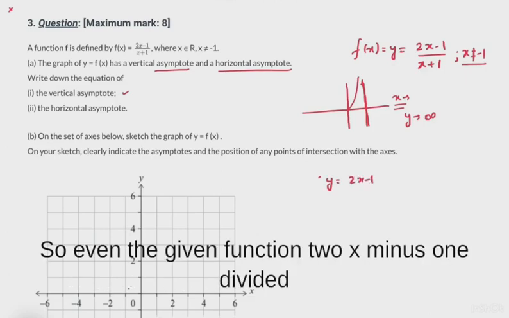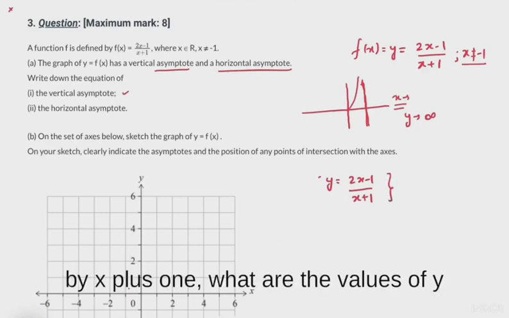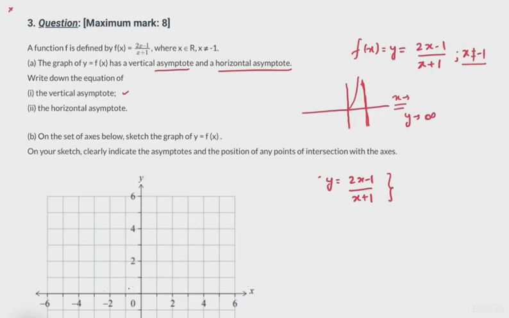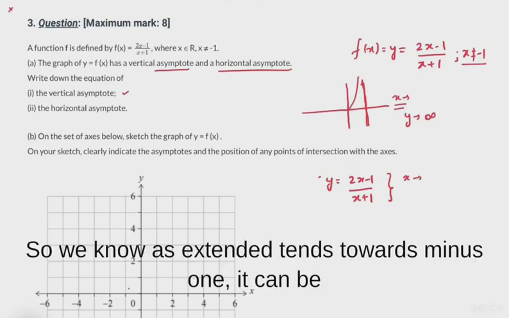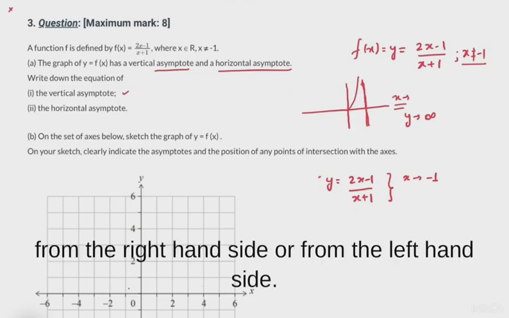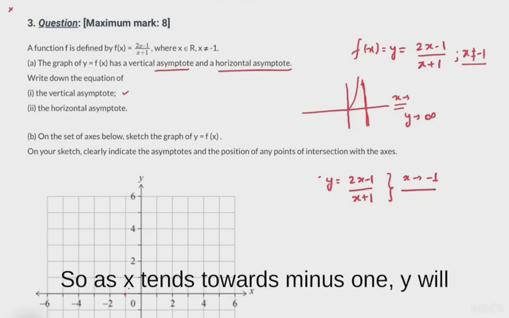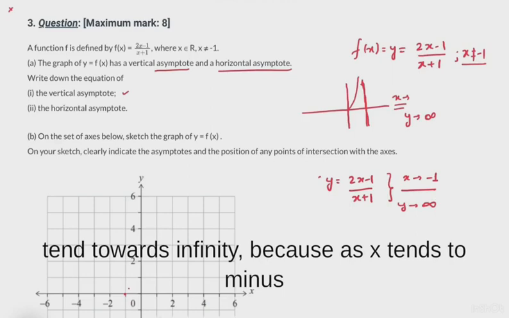So given the function (2x minus 1) divided by (x plus 1), what are the values of x for which y will tend towards infinity? So we know as x tends towards minus 1, it can be from the right hand side or from the left hand side, y will tend towards infinity.